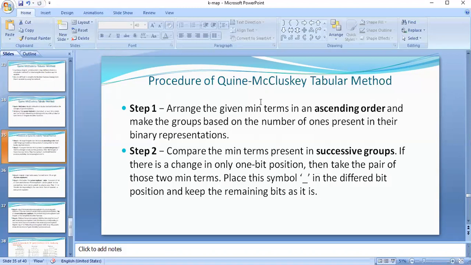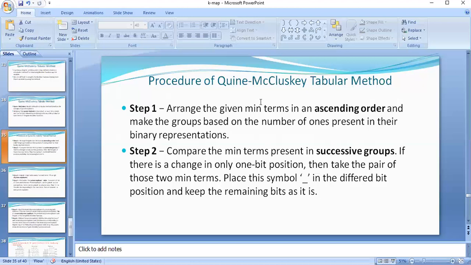Then we group them based on the number of ones present in their binary representations. For example, numbers with only one 1 go into one group, and numbers with two ones go into another group. So step 1 is: write the given min terms or max terms in ascending order, write the equivalent binary representations, and make groups based on the number of ones.